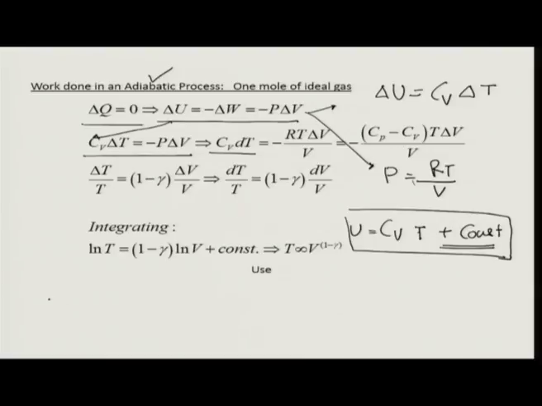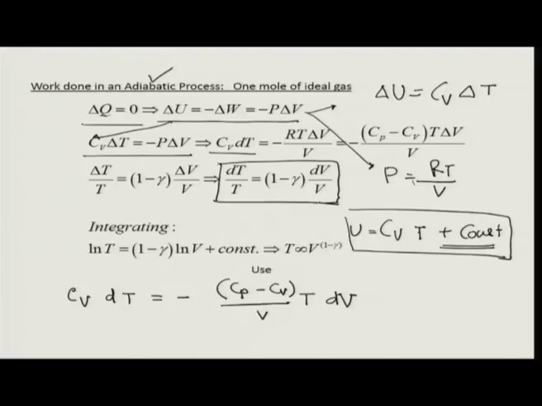I write it here again: Cv dT is equal to minus (Cp minus Cv) over V times T dV. Let us write dV in differential form to be consistent. Everything is in differential form now, and now I can finally arrive at this equation.